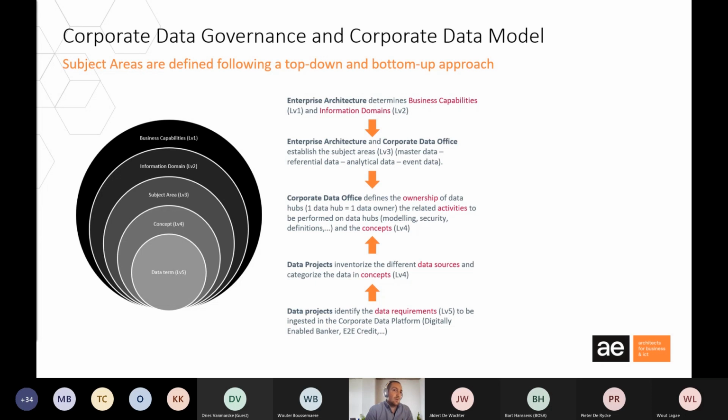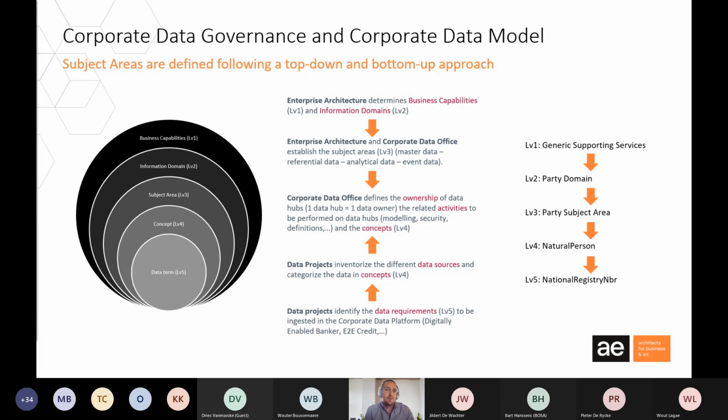So the projects came with different terms, for example, a national registry number, and from the enterprise and corporate data point of view, we started with defining, for example, for the party domain, that we evolve from the generic supporting services, of which the party information management is a sub-capability, then the information domain party domain.